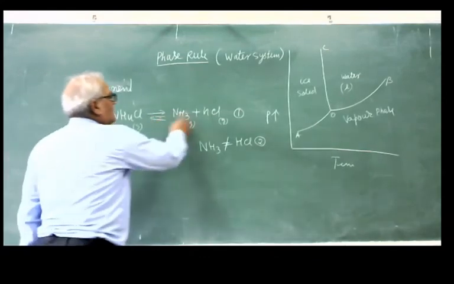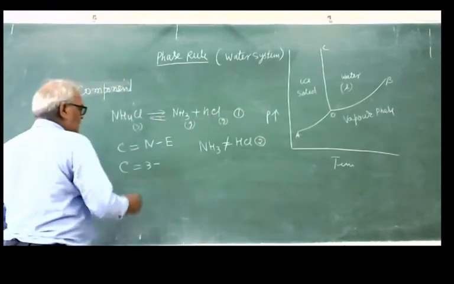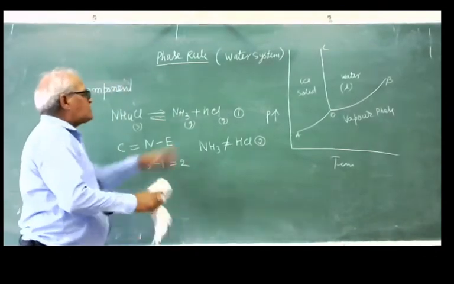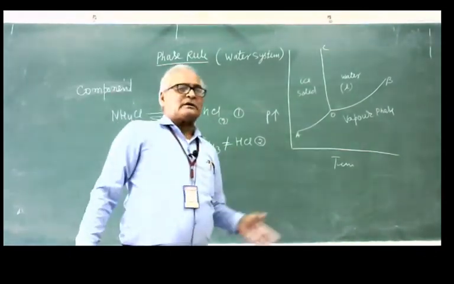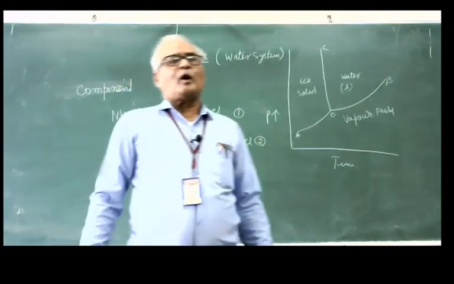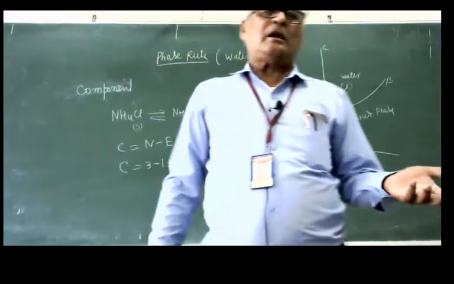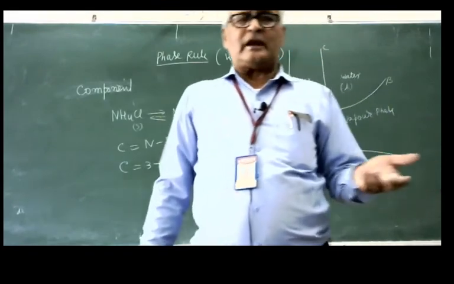In that case, we calculate C equal to 3 minus 0, which gives 3 minus 1 only if a relation exists, and here only one relation is counted, therefore 2. So this system will be a bicomponent or binary system when either excess ammonia or excess HCl gas is present.